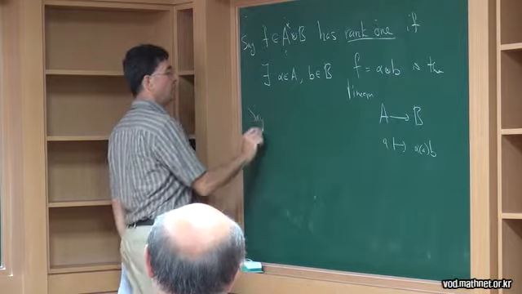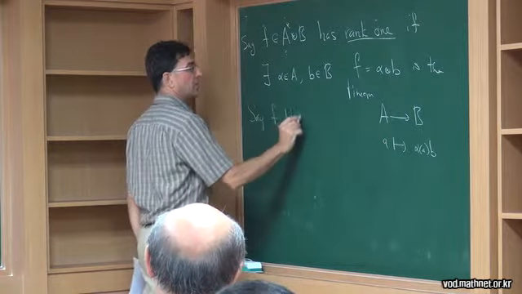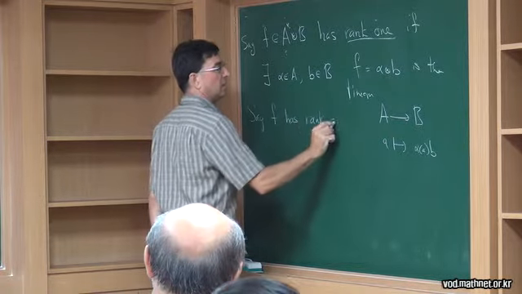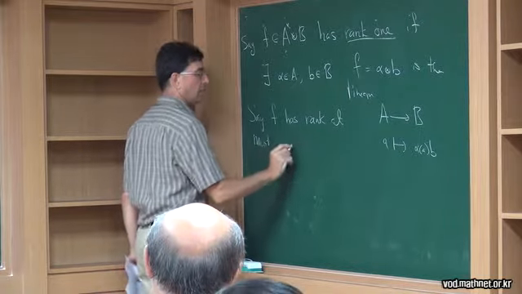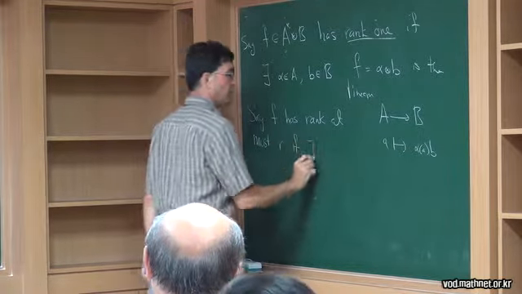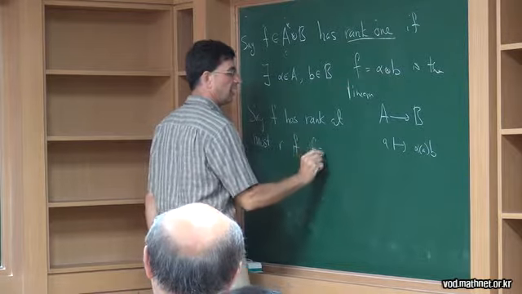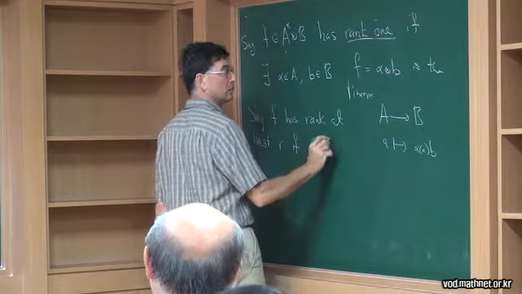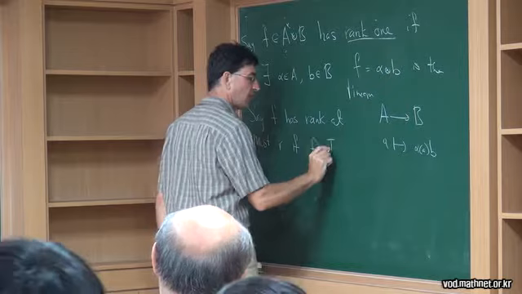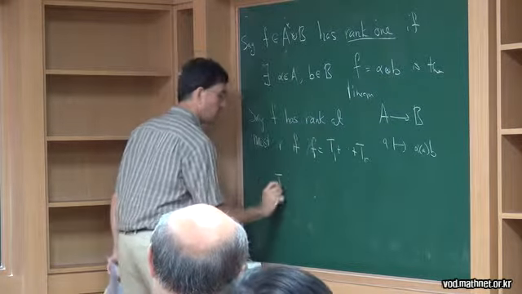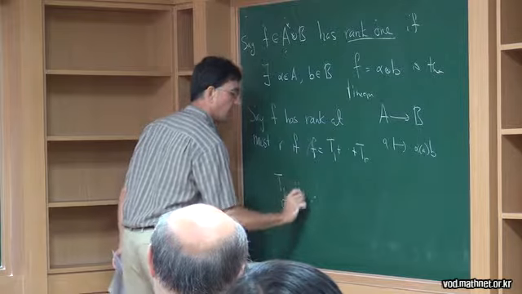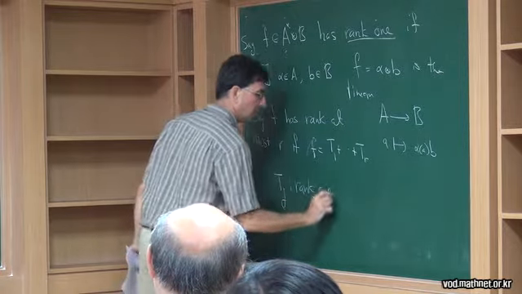And we say F has rank at most R if F is equal to some T1 plus ... plus TR, each Tj of rank 1.